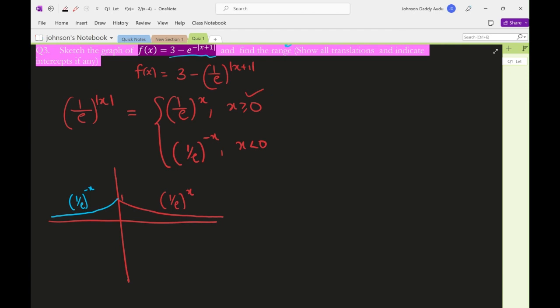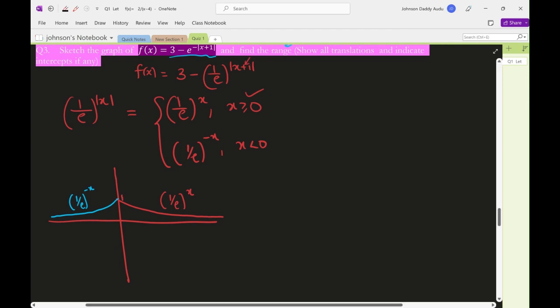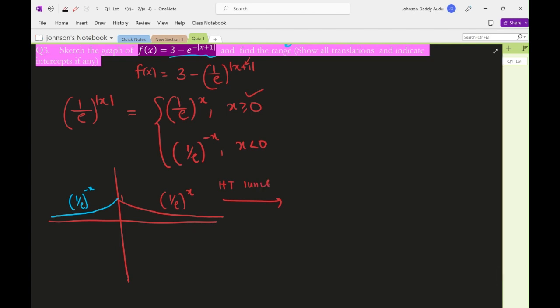Now, because there is a plus 1, remember this is just plus 1. So plus 1 simply means we do a horizontal translation 1 unit right. 1 unit right simply means just move everything 1 unit right, everything. So we're going to have this one.